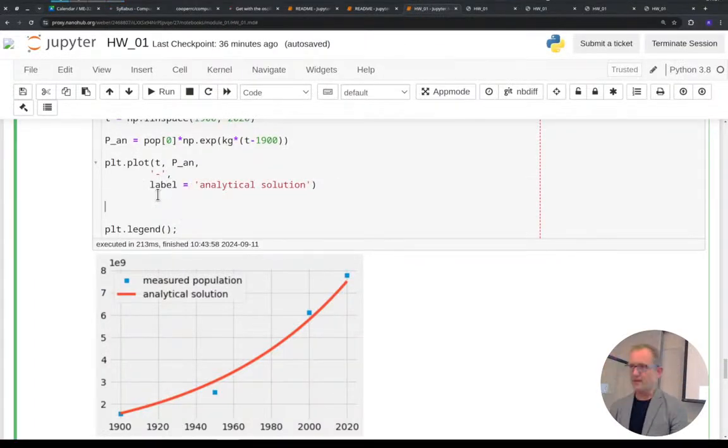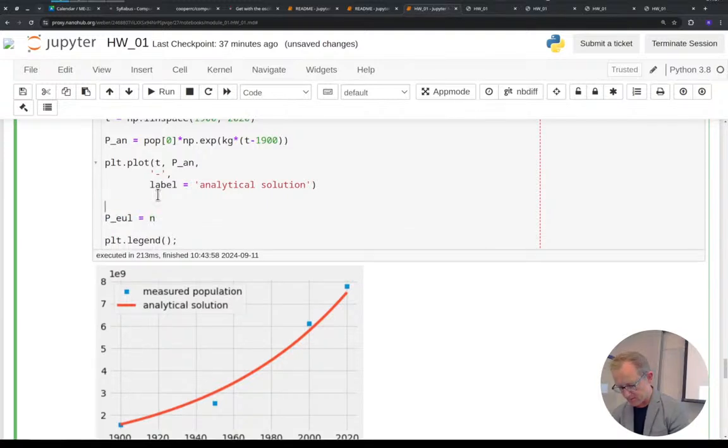So rather than writing out one at a time, I can put this inside of a for loop. So P Euler is, and well, let's define our time first. T numerical is a range, 1900 to 2021, steps of 20.